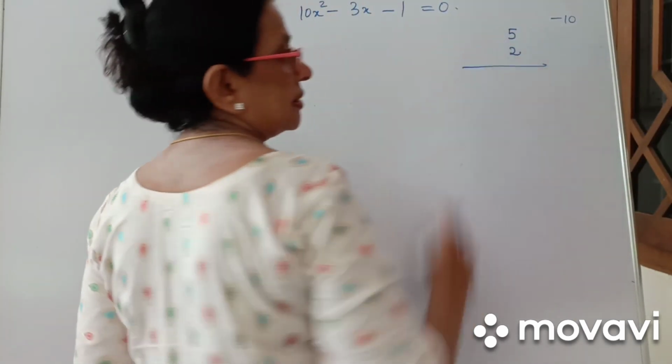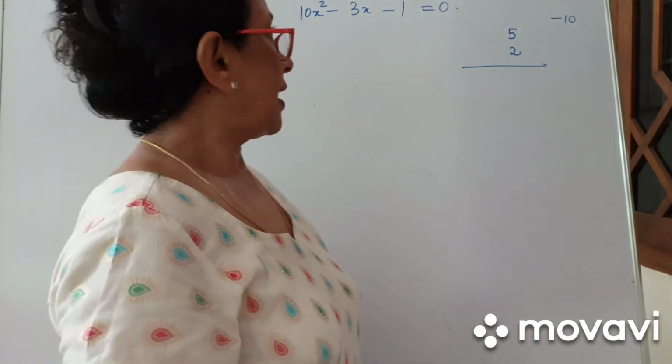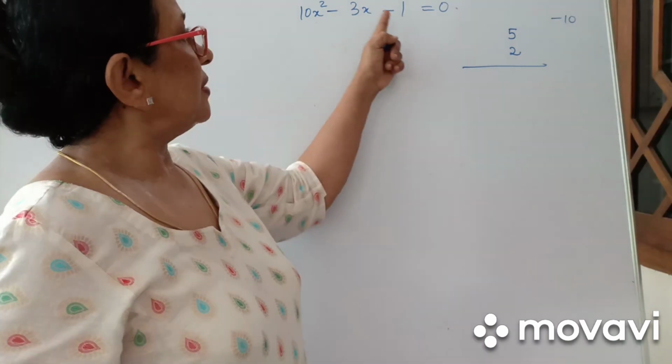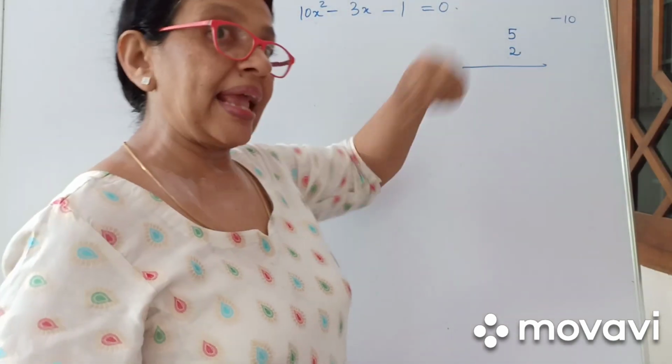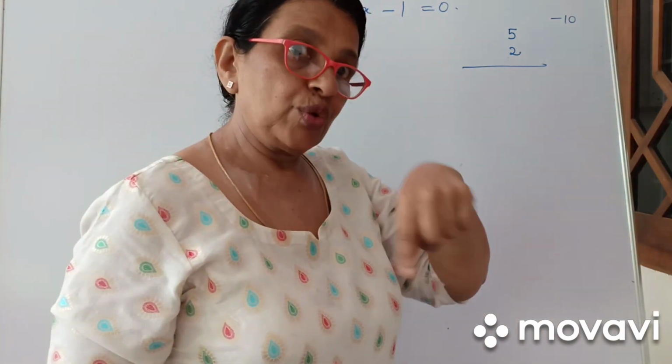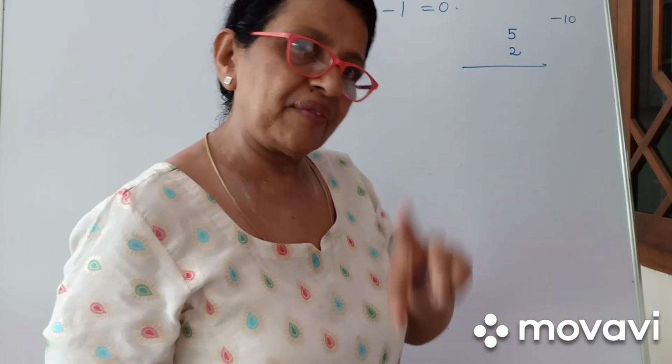But 5 and 2, listen, I had told you when the product is negative, you will get the roots to be one positive and one negative.